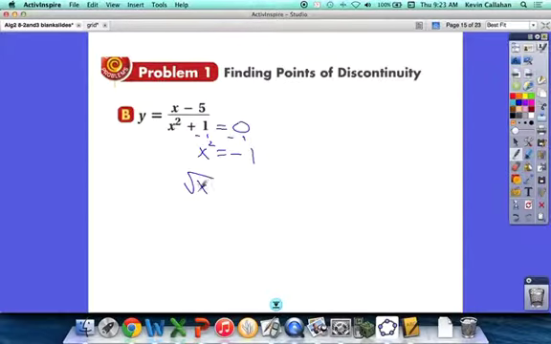You take the square root of x squared equals the square root of negative 1. A number that's got a square root of -1 in it is imaginary. Okay. We're talking about graphs of real numbers. What that tells you is that it's imaginary. So no vertical asymptote or hole from the denominator, at least not a real number. We're in real numbers.